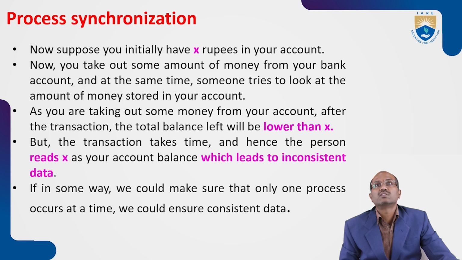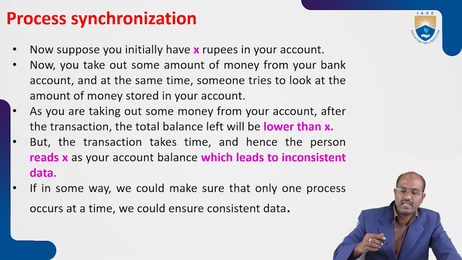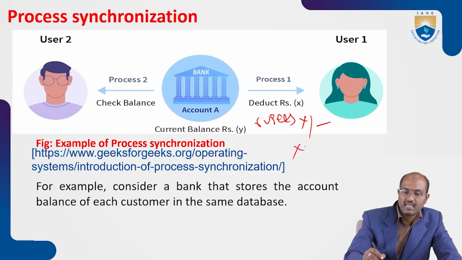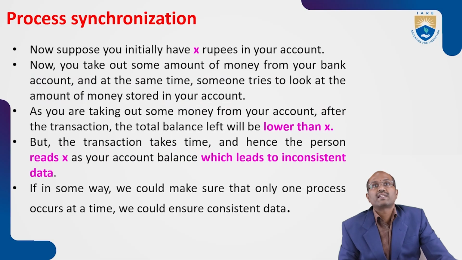After you take out some money, the total balance left will be lower than X. Once you deduct some amount, the balance becomes X minus that amount. But the transaction takes time, and hence the other person reads your account balance too early, which leads to inconsistency of the data.